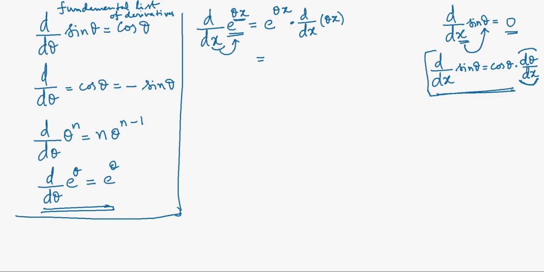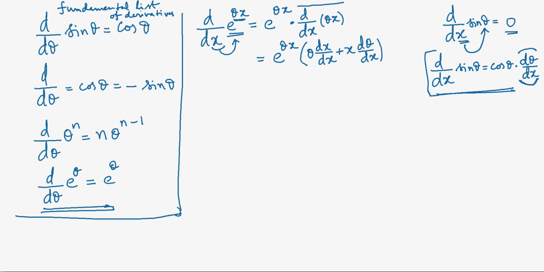Now there are two ways to continue with e power theta x. The theta could also be a function of x or may not be. So open the bracket: keep theta outside and differentiate x with respect to x, add to that keeping x outside and differentiating theta with respect to x. Are you okay with that?